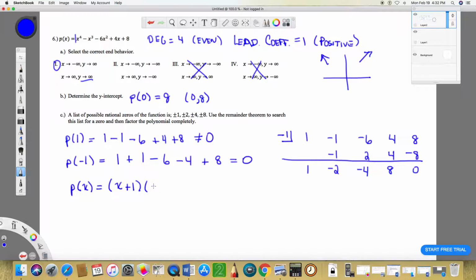This guy gives us x cubed minus 2x squared minus 4x plus 8.